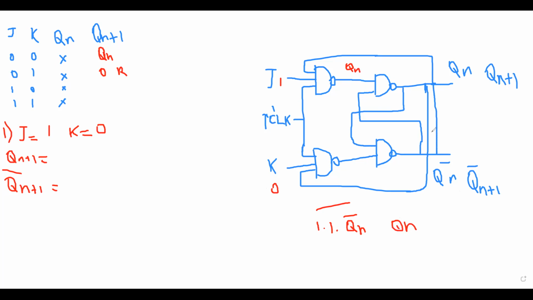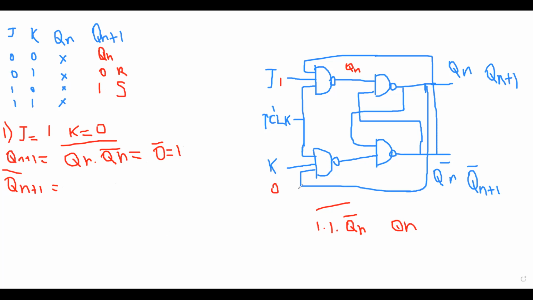Now Qn into Qn bar, and whole bar. Here we get 0 bar, so 1 for Qn plus 1. So I'll write it here, and it's a set condition.